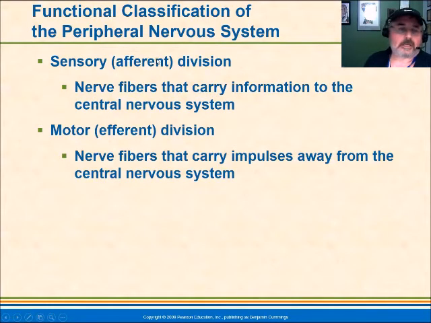I'm not likely to ask you about afferent and efferent, but afferent is coming in, and we have nerve fibers that carry this information to the central nervous system, and then motor fibers, or efferent, which carry information away from the central nervous system.